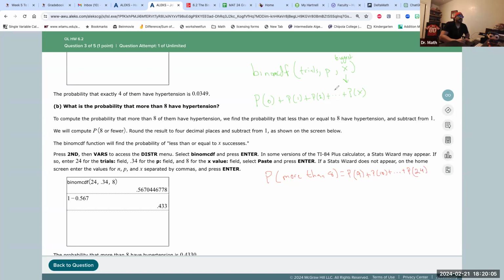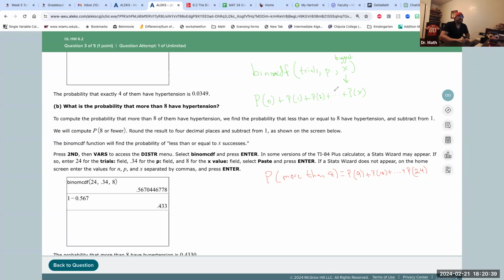But look at the problem here. This program always starts at 0. These aren't starting at 0. So that's where my problem is, right? So how do we combat that? How do we solve this little issue here? So whenever they use the words more than 8 or the words at least, in this case, at least 9, those represent all these numbers from that number forward, and it's getting bigger and bigger and bigger.